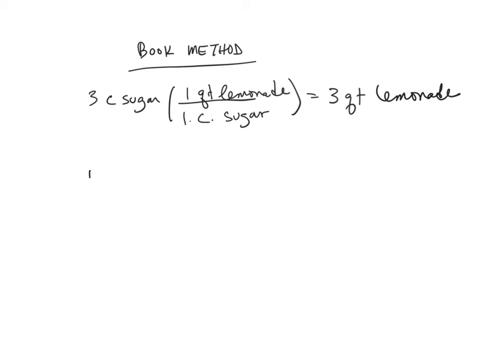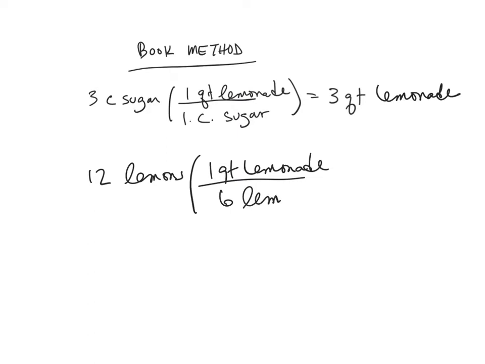All right, take your other ingredient, 12 lemons, and 1 quart of lemonade is in the recipe. You need 6 lemons to do that. So you get 2 quarts of lemonade.